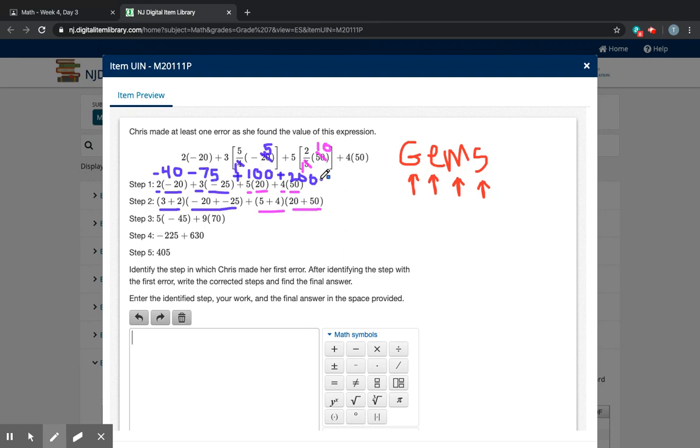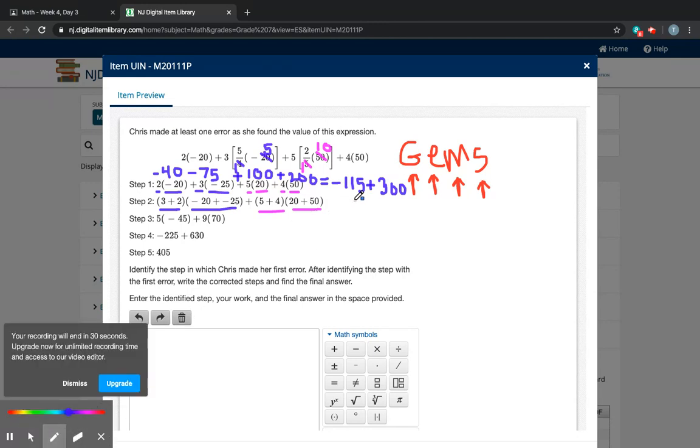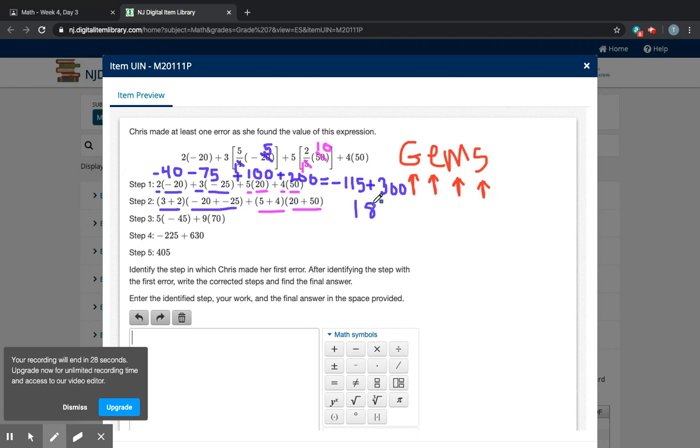Okay, so then we get negative 40 minus 75 is negative 115 plus 300 and you get 185.